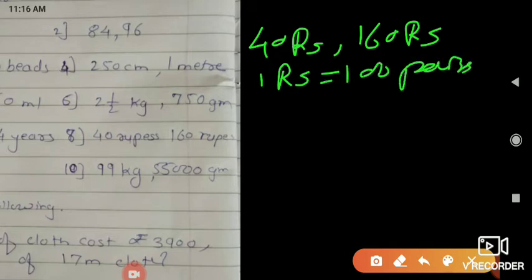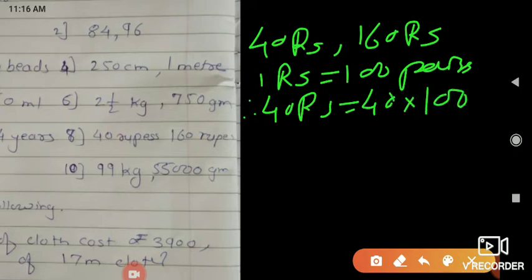Therefore 40 rupees is equals to 40 into 100. 40 into 100 is equals to how much? 4,000. And 160 rupees.